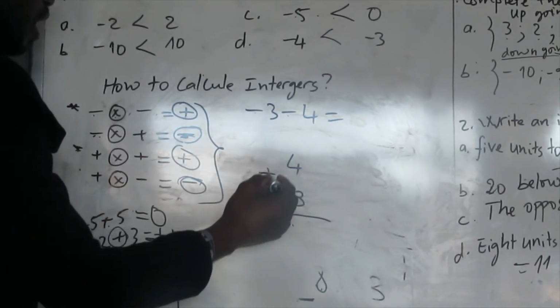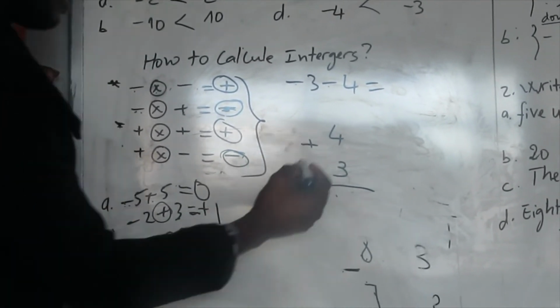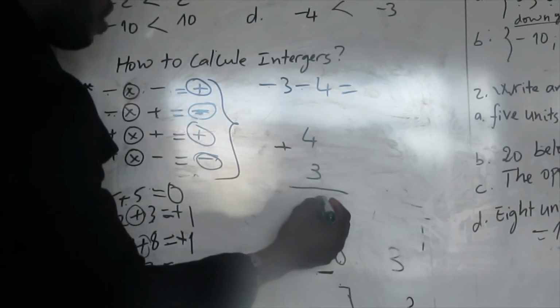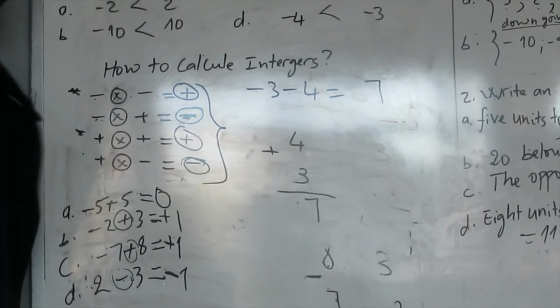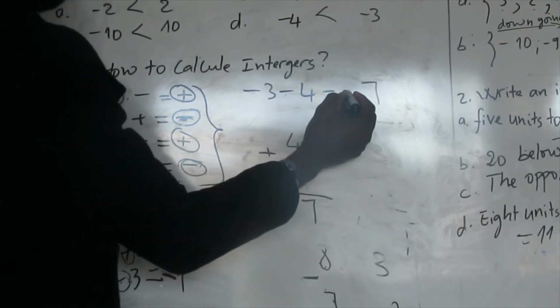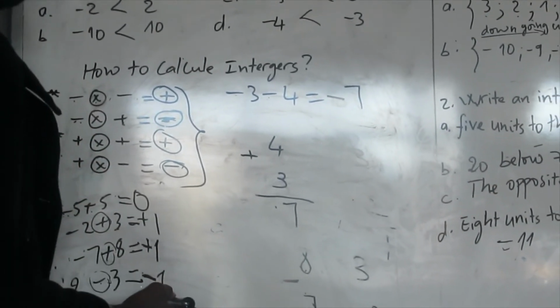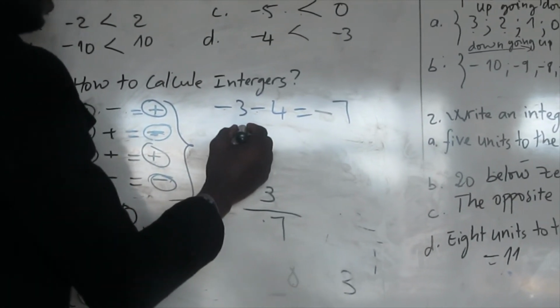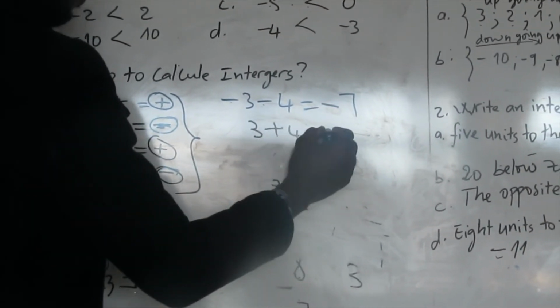Meaning the calculation here is positive, so 4 plus 3 equals 7. Then you put here 7, then you look at the sign of the bigger number. The sign of the bigger number here is negative. So the answer there is negative 7.